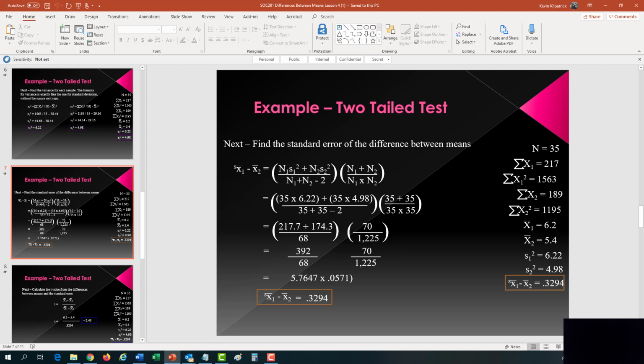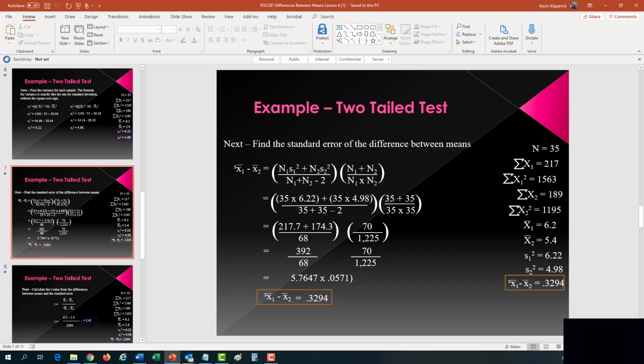But look at it. All it is is a whole bunch of n's. And we know that n equals 35. So we just need to replace all these n's with 35s. Look at all those 35s. The only thing that's different is the variance.